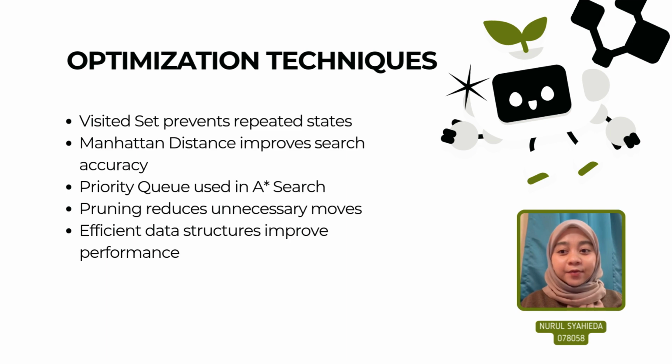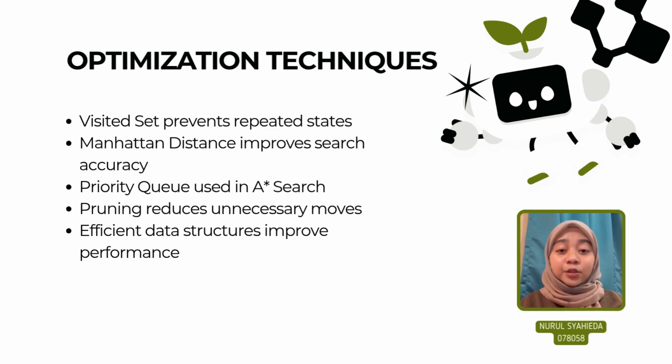In this project, several optimization techniques were used to improve the efficiency of solving the 8 puzzle problem. First, a visited set was implemented to prevent the algorithms from revisiting the same state repeatedly. Next, the Manhattan distance heuristic was used because it provides a more accurate estimate of the distance to the goal state.